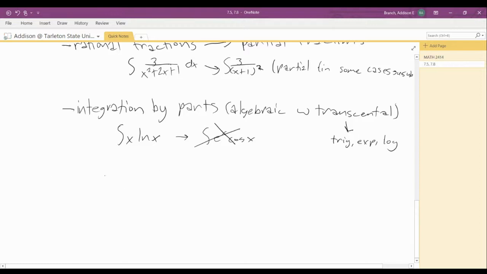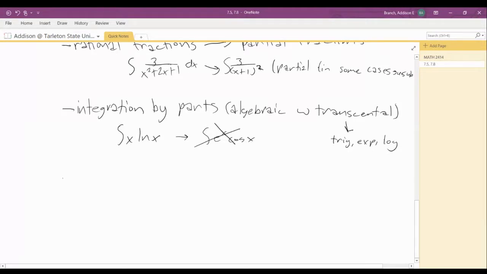So when you're doing transcendentals, that's always a good thing to keep in mind. Logs aren't as bad to combine because those will eventually simplify out to algebraic functions, but exponentials and trigs will not.